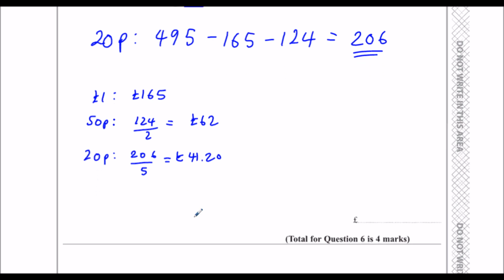So what's the total amount of money? £165, £62, and £41.20. So add them all up. And we should get £268.20.